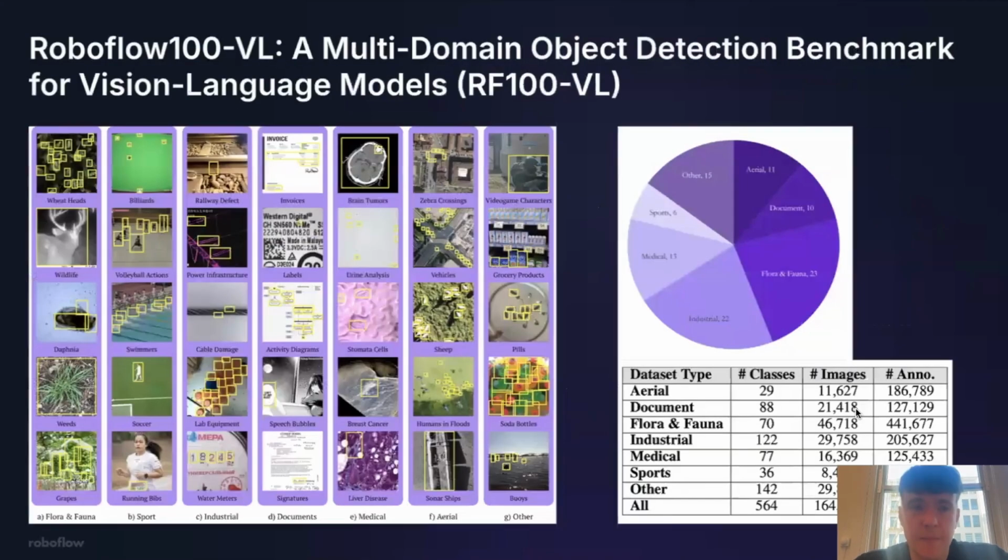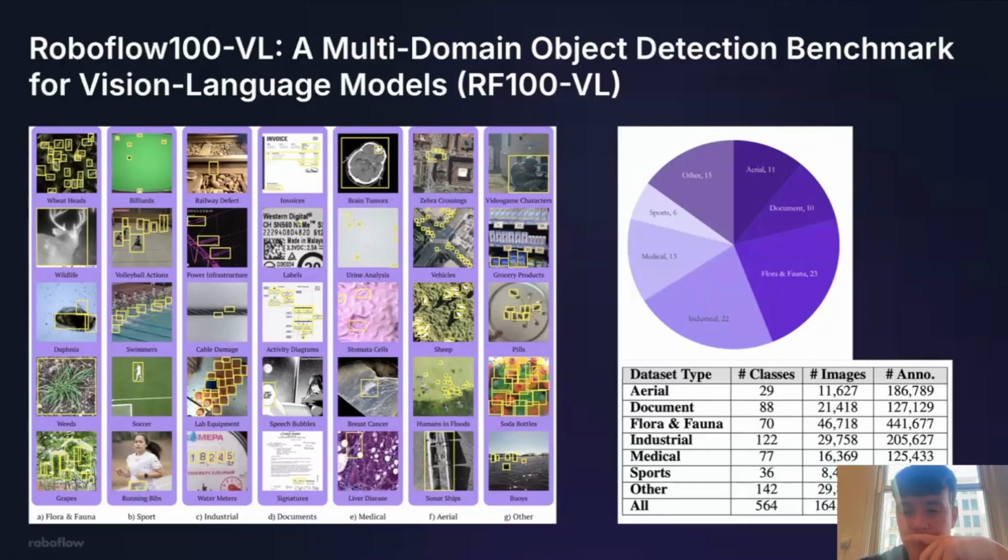Now we have made a step further and created Roboflow 100-VL, where VL stands for vision language, of course. We wanted to take it further with all of the ideas I just described in mind. Specifically, we have seven different categories that broadly cover sports, industrial, documents, flora and fauna, medical images, and aerial images.